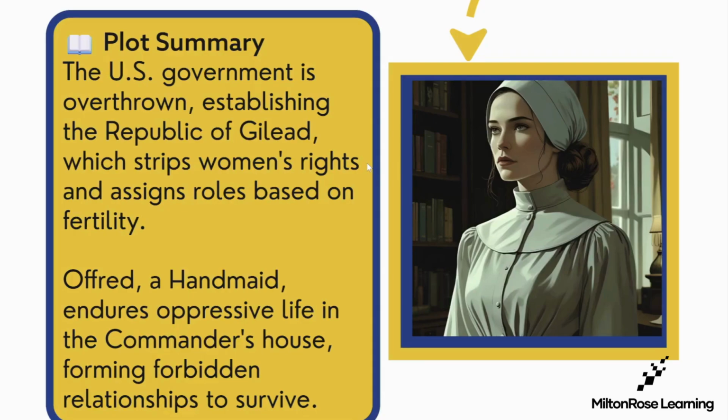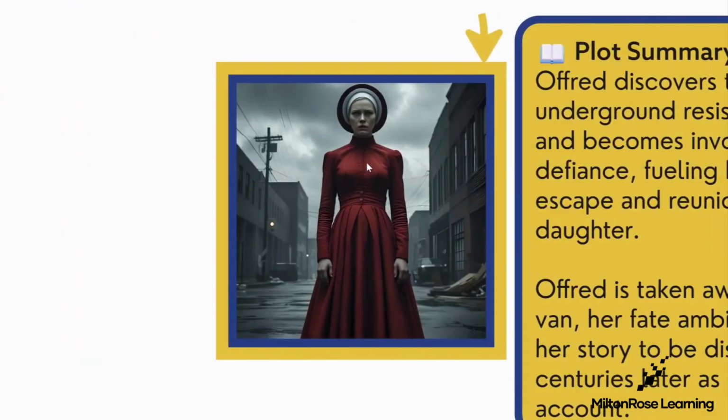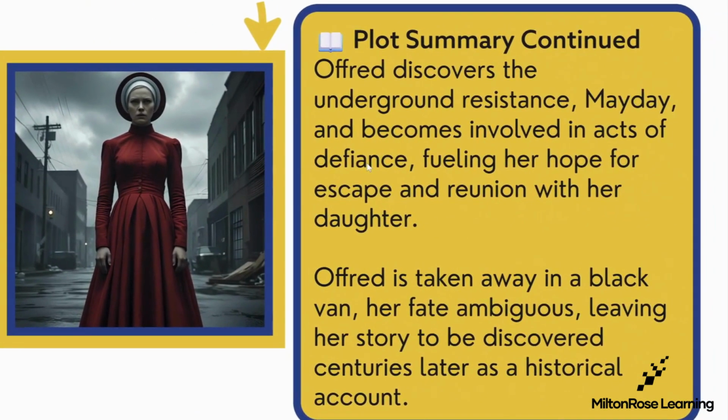So Offred is a handmaid, this new social class that they've created of women, and she endures an oppressive life in the commander's house, forming forbidden relationships just to survive. Okay, so it's in some ways a very patriarchal text, exploring those themes of male domination. And then the plot summary continued.